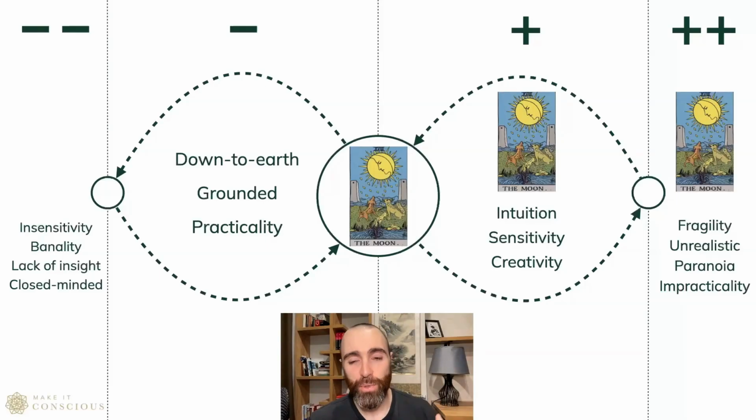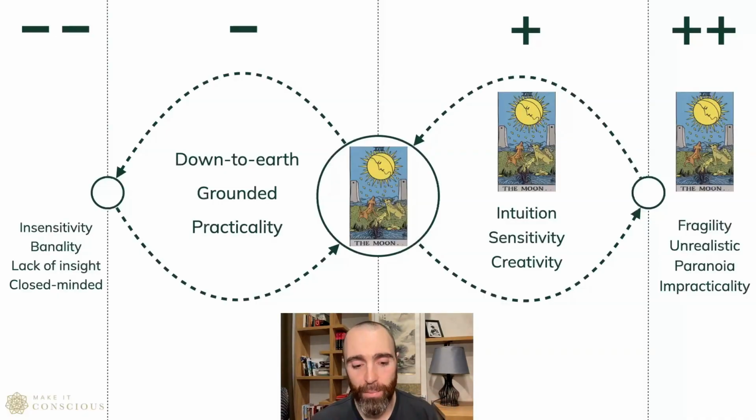But if you take that to its extreme, well, it doesn't take too much imagination to see how that could become a kind of fragility, a kind of susceptibility to your own mind, not least unrealistic tendencies, not being grounded in material reality, not grasping how things might work in the world of physicality and finance and livelihood, perhaps, unless you could find a way to integrate the two, of course.